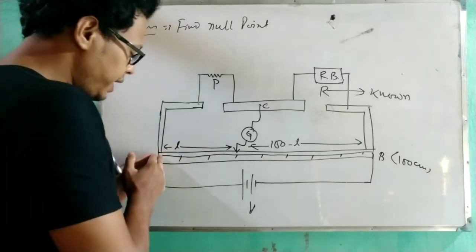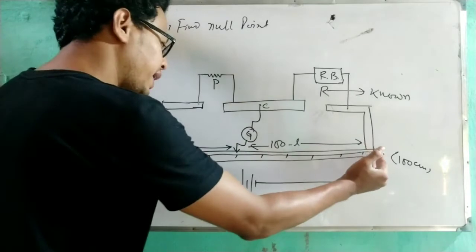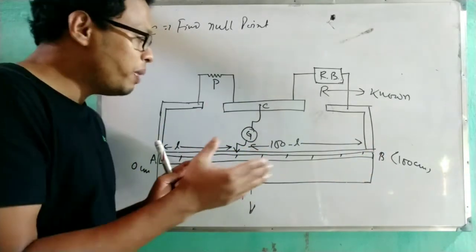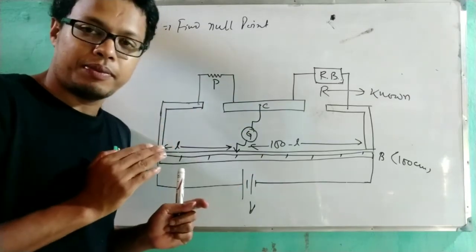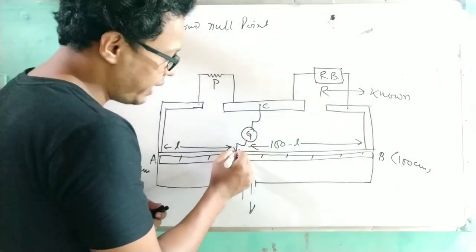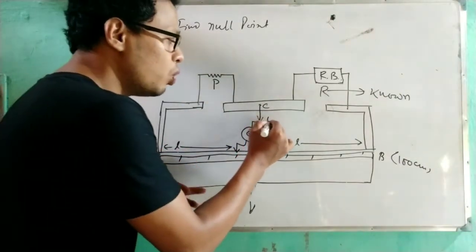Now here it is giving left, here it is giving right. So in between A and B, one point will be there where this galvanometer will show no deflection. That is a point L, the point we have to find where it gives no deflection.